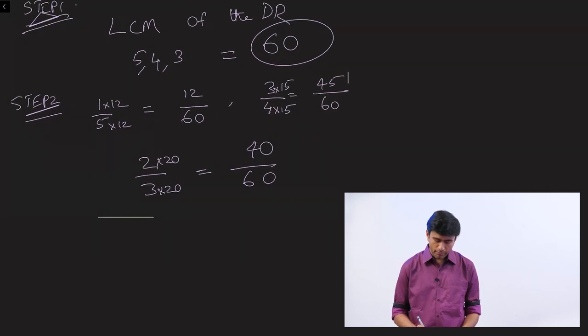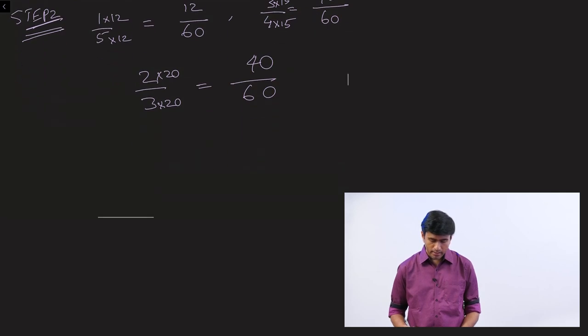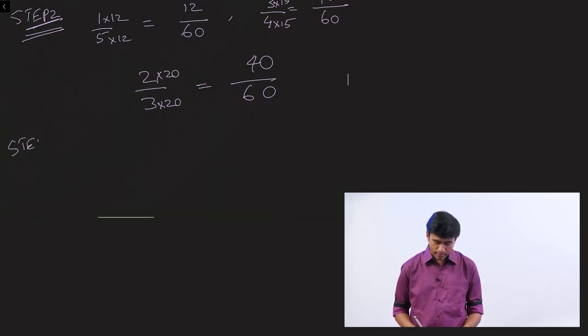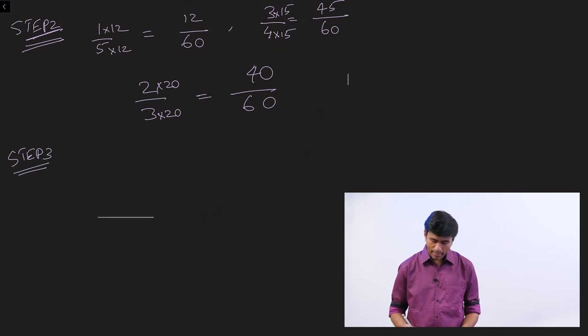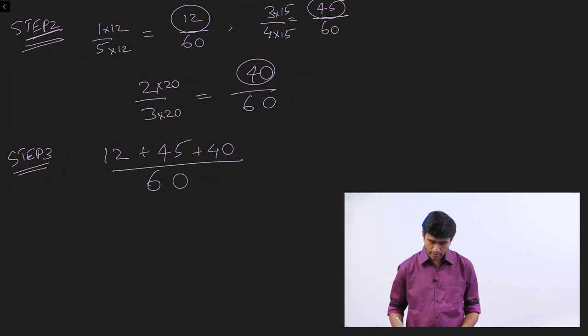So you finish step 1, finding LCM. Step 2 is you convert the fraction into equivalent fractions. And step 3 is to add and change it into mixed fraction. So you add 12 plus 45 plus 40 divided by 60.